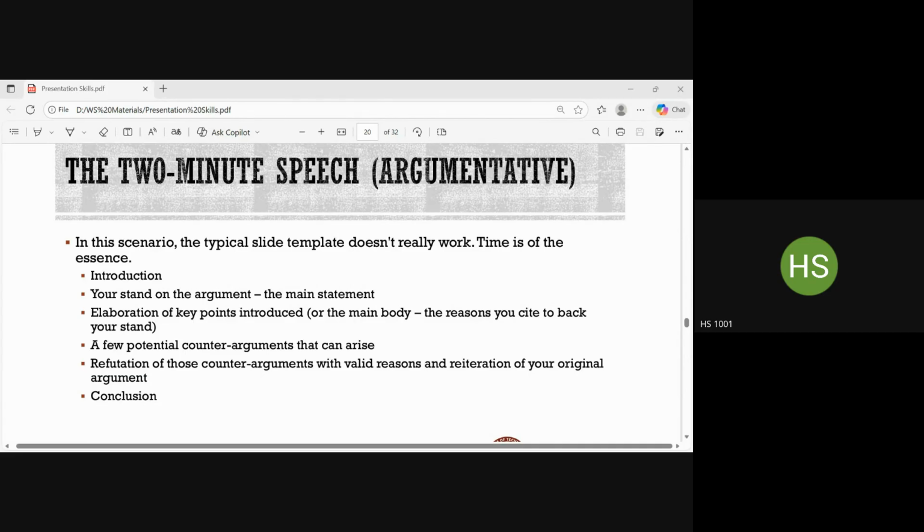Instead, you should simply try to refute those counter arguments, giving valid reasons, and conclude by saying that this is why your own position concerning the matter remains as you had stated at the beginning of your speech. So you're restating or reiterating your original argument or position in a manner of concluding your speech.